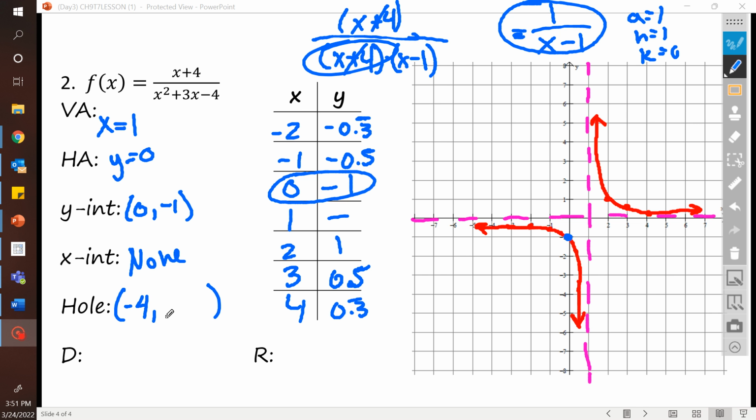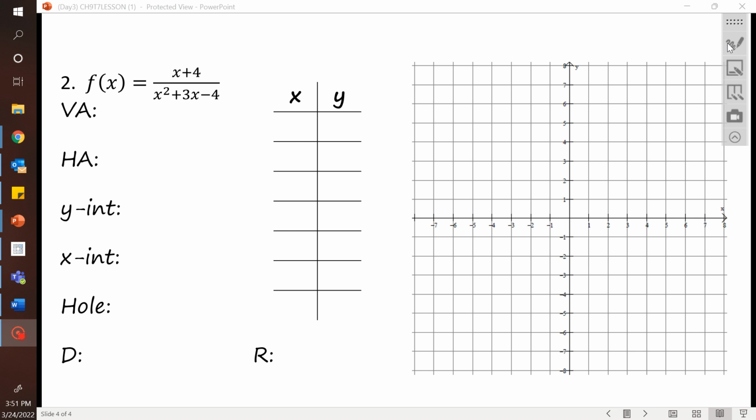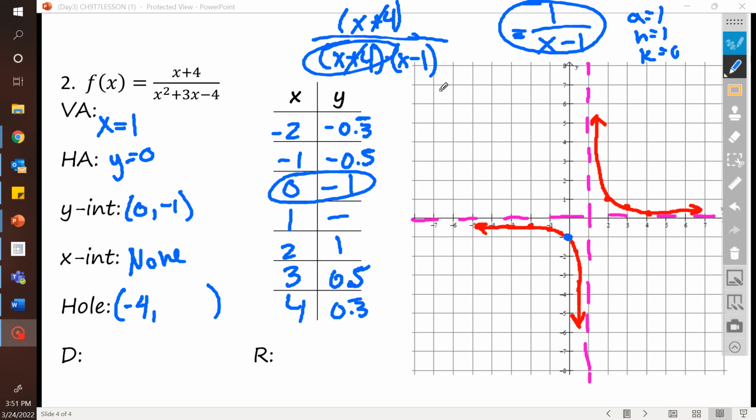I can figure out where this hole is by plugging negative 4 into this equation here. So 1 over negative 5, so negative 0.2. So we'll go to negative 4, negative 0.2, and we will put a hole there.